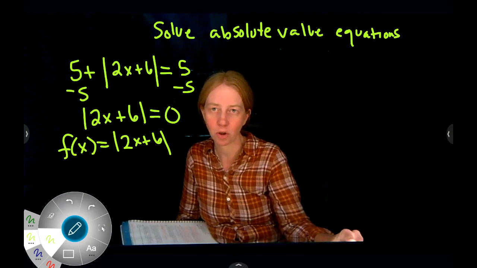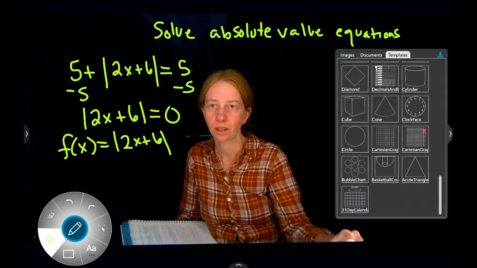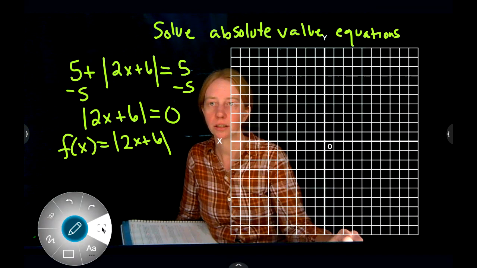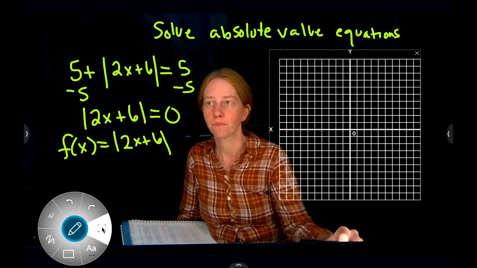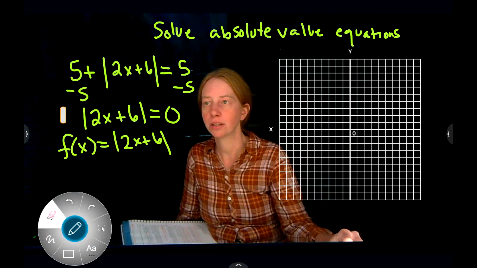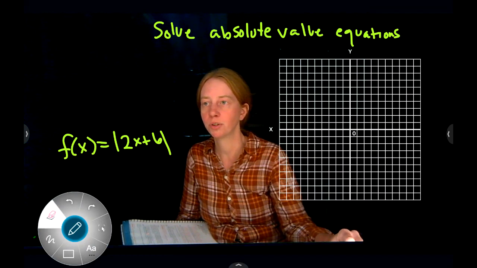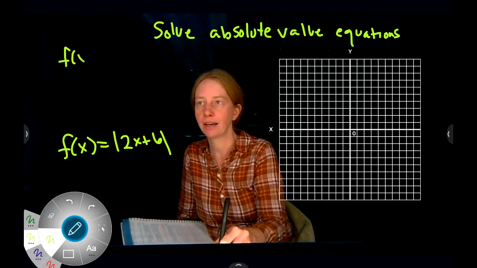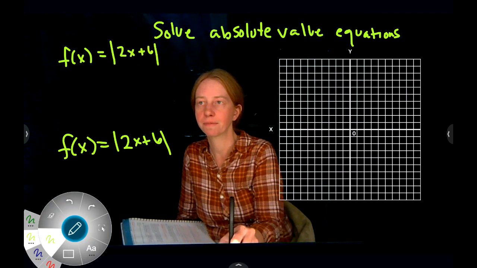This time I am going to get our Cartesian graph here. It's giant. Let me erase some of this other stuff. I'm going to move this function up just a little so that we have room for an XY chart over here: f of x equals the absolute value of 2x plus 6.